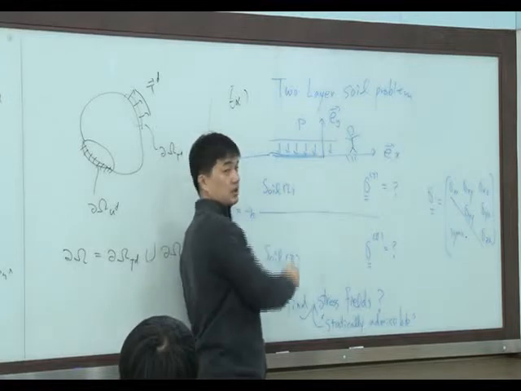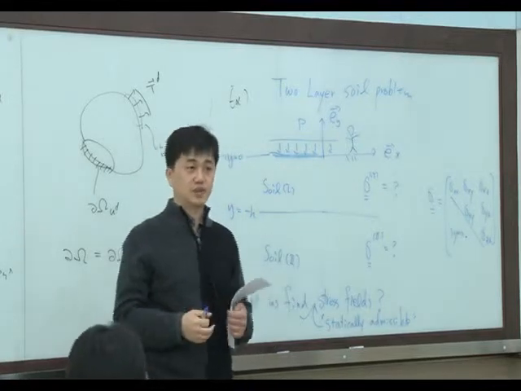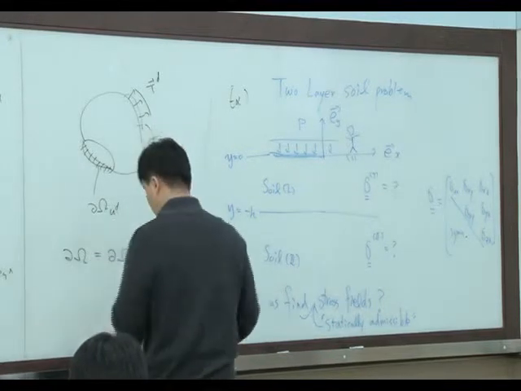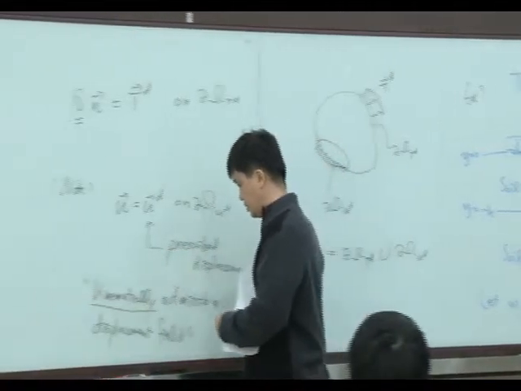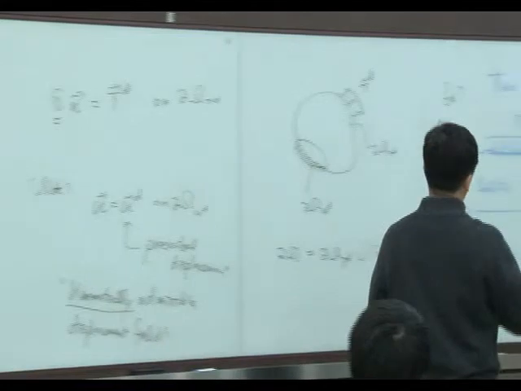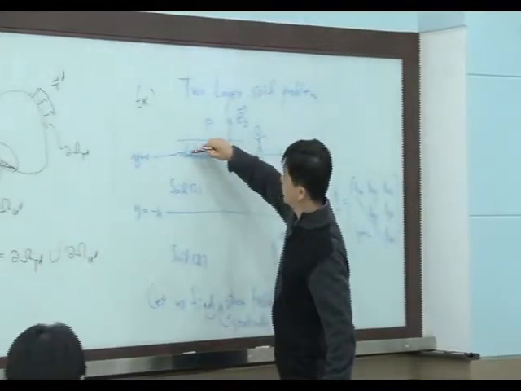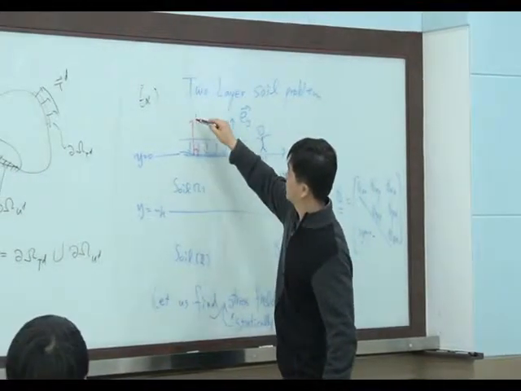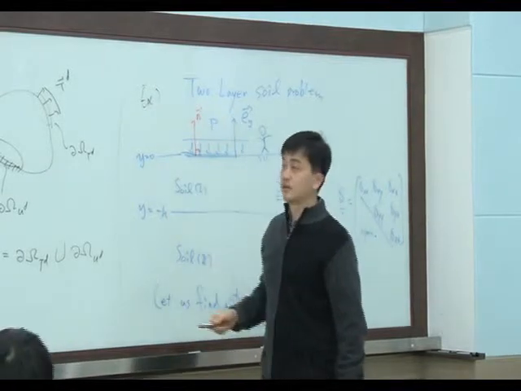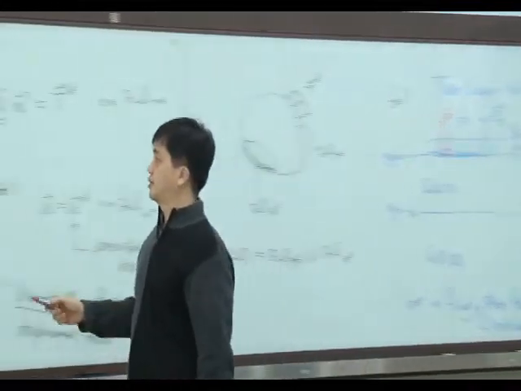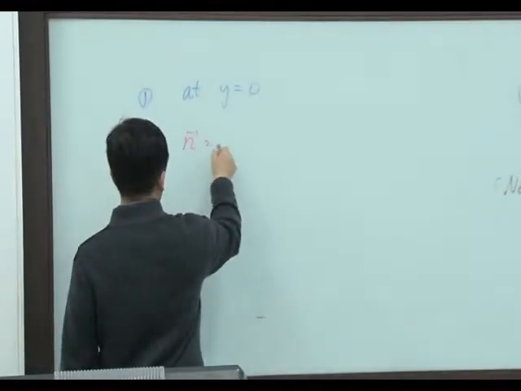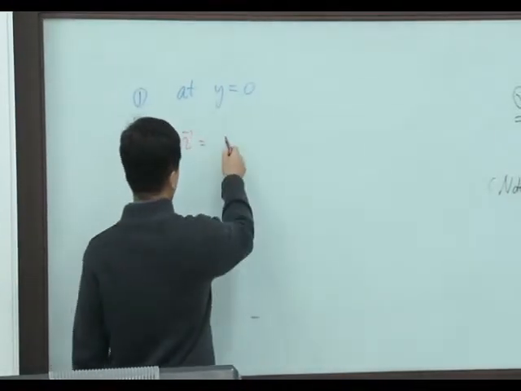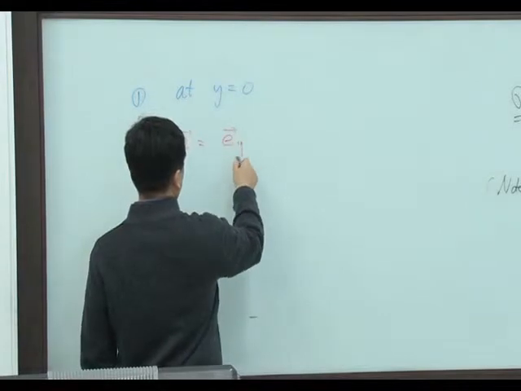At this boundary, what's the surface normal vector n? This is n, right? That surface normal vector n equals E_y, right?